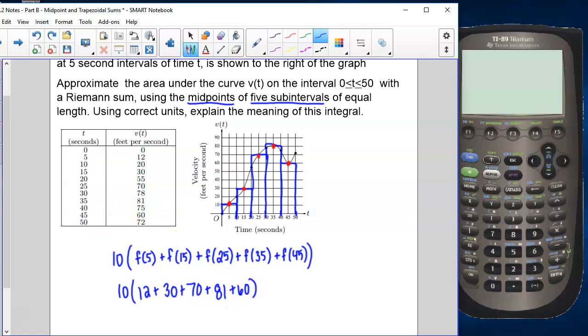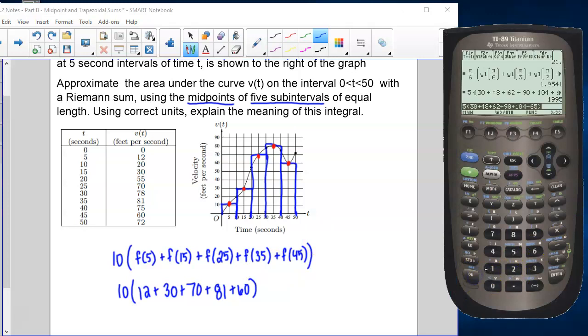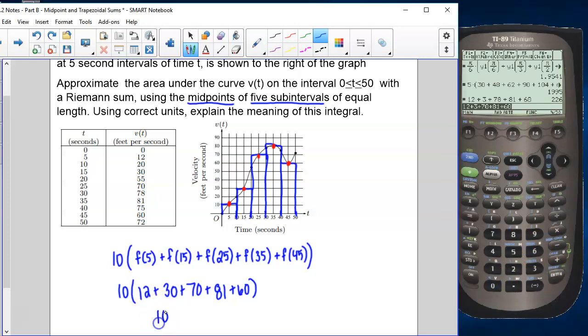So 12 plus 30 plus 70 plus 81 plus 60 would be 226. Then 10 times 226 gives you 2,260. This one is also feet.